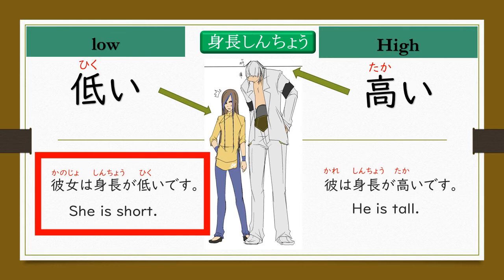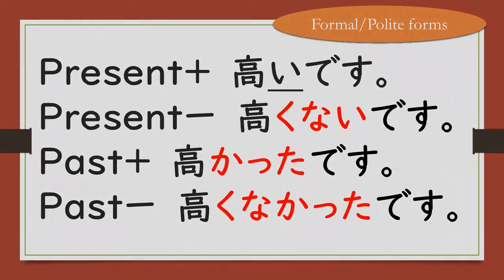Polite forms of 高い. Present positive 高いです. Present negative 高くないです. Past positive 高かったです. Past negative 高くなかったです. Repeat after me.